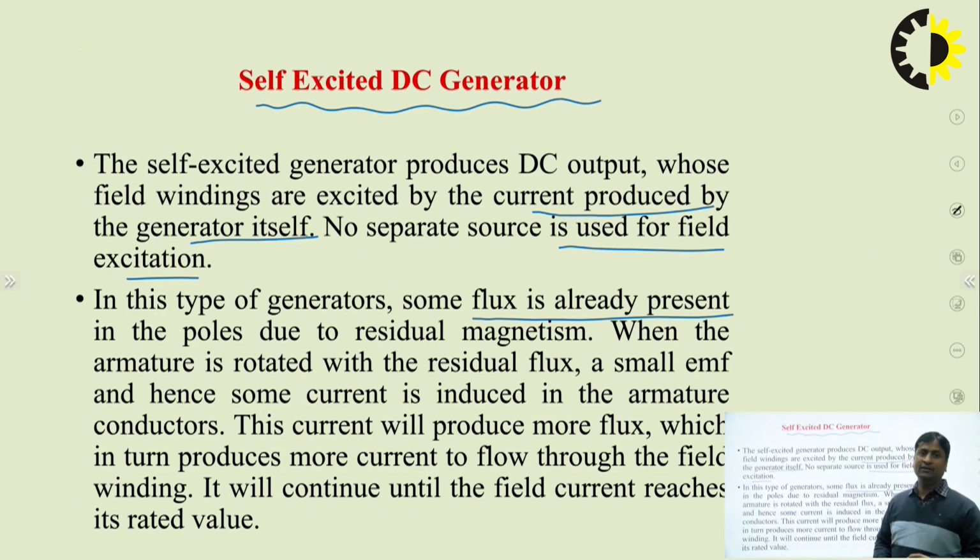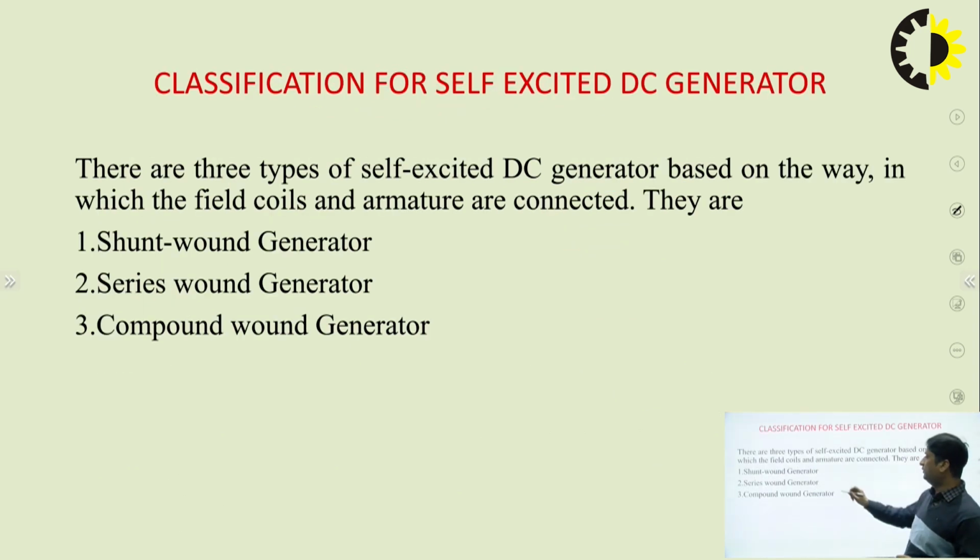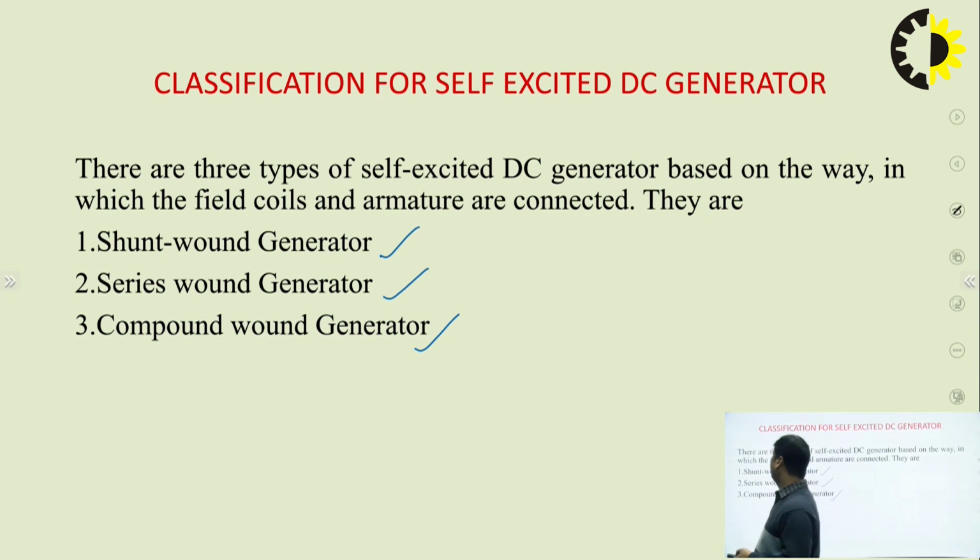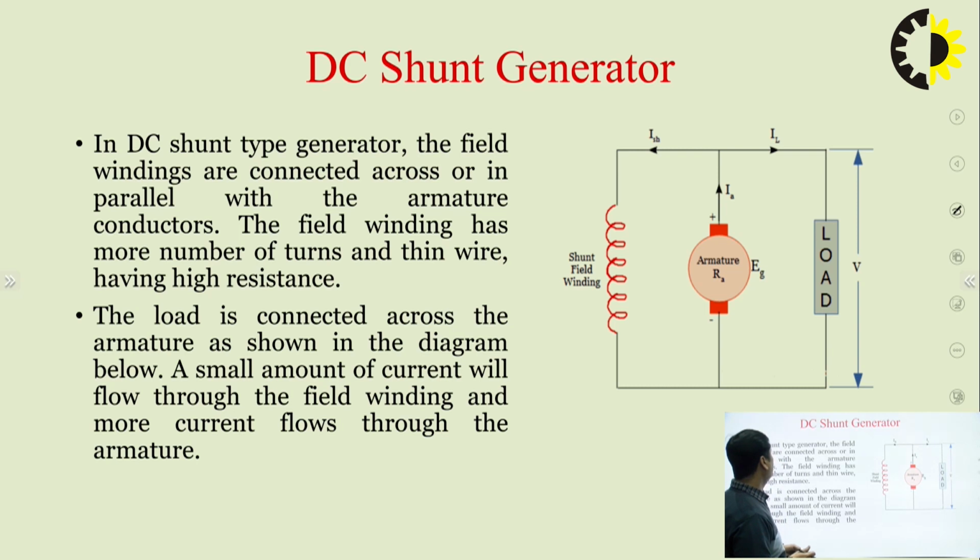If the field winding is connected in parallel to the armature, it is called a shunt wound generator. When the field winding is in series, we call it series wound, and when the field winding is both in series and shunt, we call it the compound wound DC generator. We will discuss the circuit of each, so that we can understand the concept of how the voltage is generated.